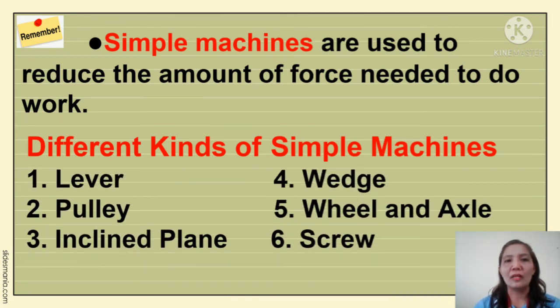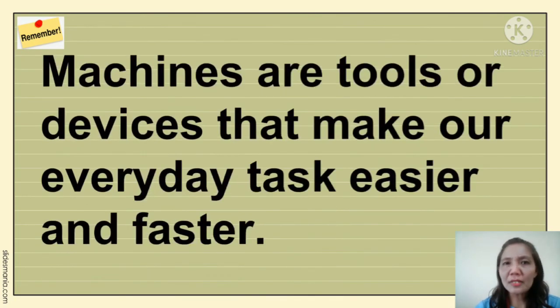We have the lever, pulley, inclined plane, wedge, wheel and axle, and screw. And always remember, machines are tools or devices that make our everyday tasks easier and faster.